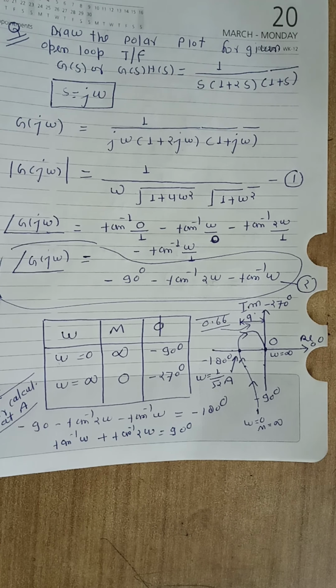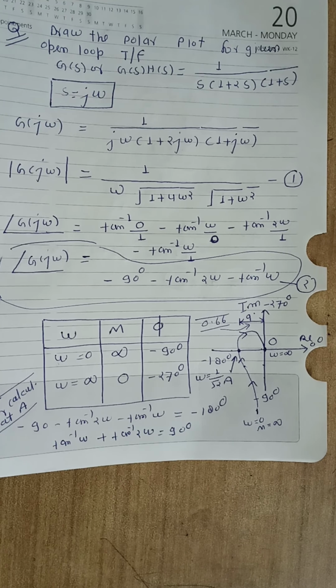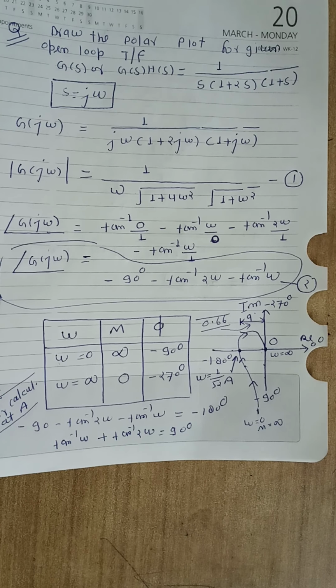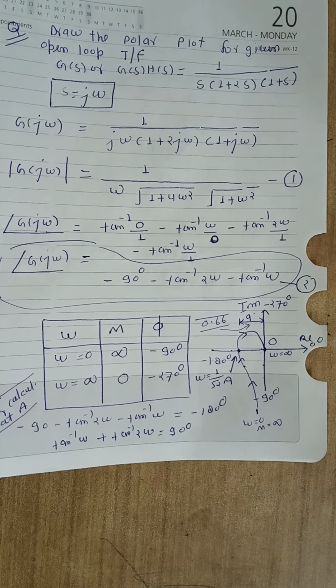But the main limitation of the polar plot is that using polar plot it is possible to determine closed loop stability from open loop transfer function, but it is not possible to determine the number of roots causing instability. So to overcome this limitation, we will go for the Nyquist plot.